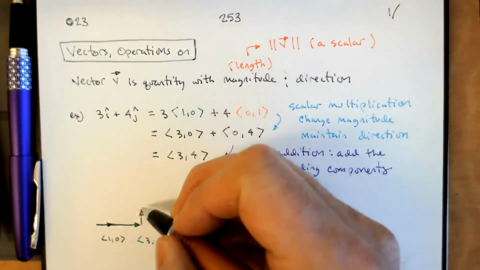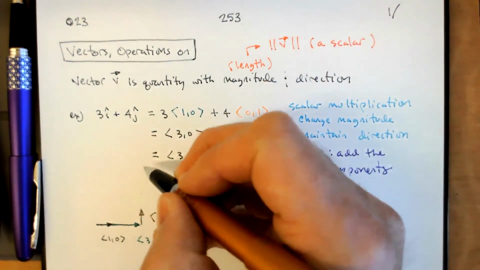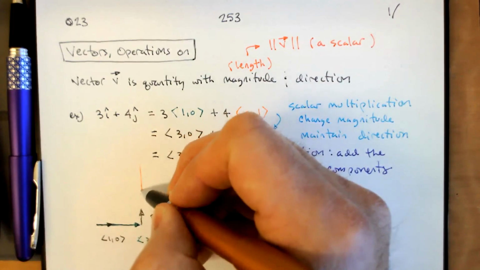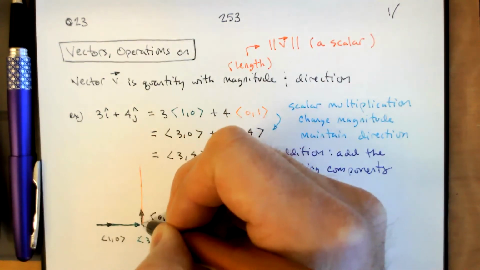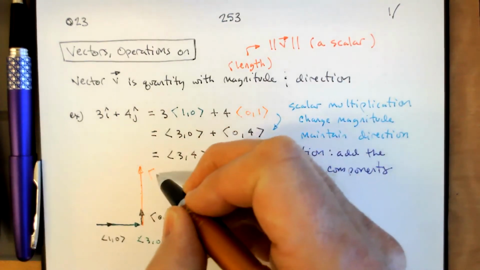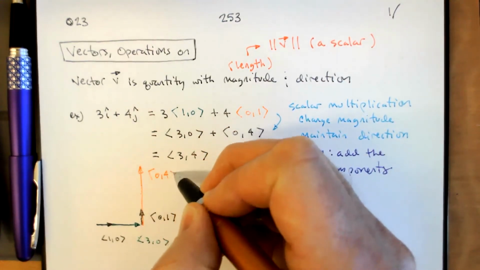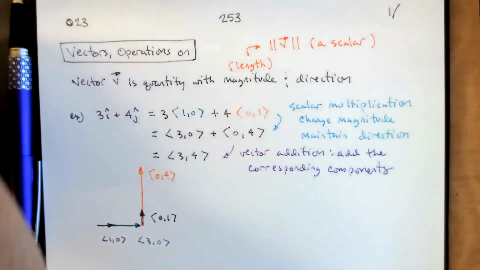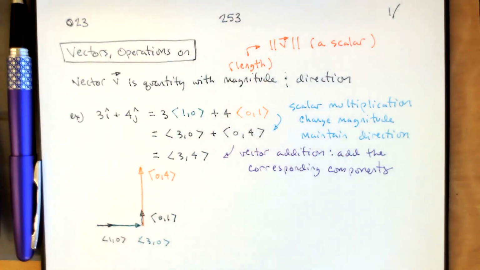So instead of just being 1 unit long, it's 4 units long. We take the beginning of one vector and tack it to the end of the other.